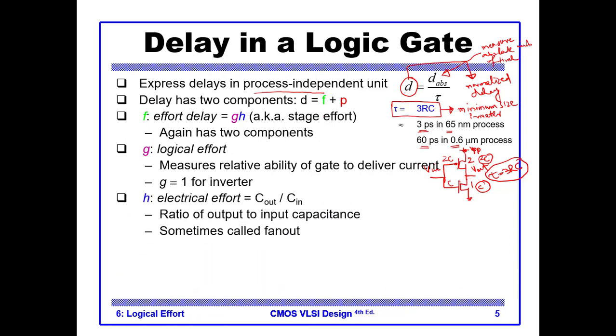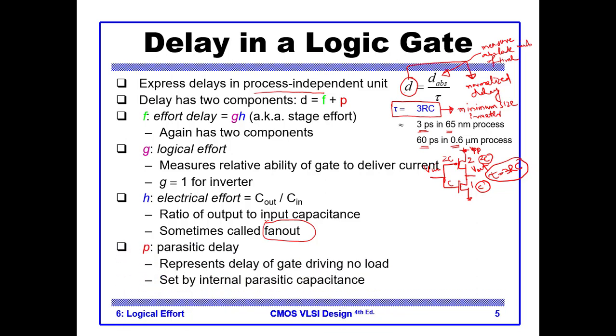Then we have the electrical effort, and sometimes the electrical effort is also called fan out. It is basically the output capacitance C out divided by the input capacitance. Then we have the parasitic delay, which represents the delay of a gate driving no load. So it is basically the delay of the internal gate set by internal parasitic capacitances.